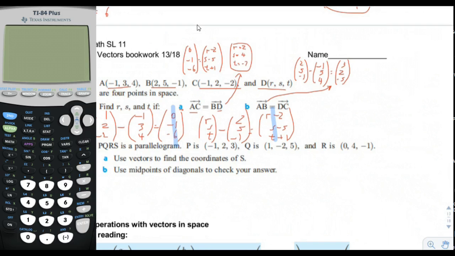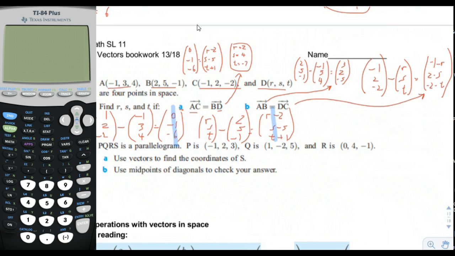See what I get by skipping steps? The vector DC is actually the vector C minus the vector D. So I got all those backwards. So vector DC would be -1 minus R, 2 minus S, and -2 minus T.